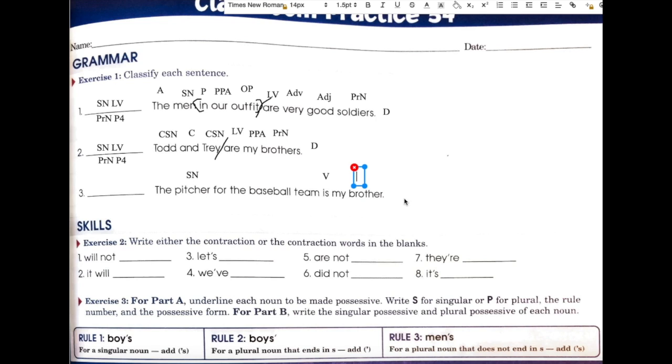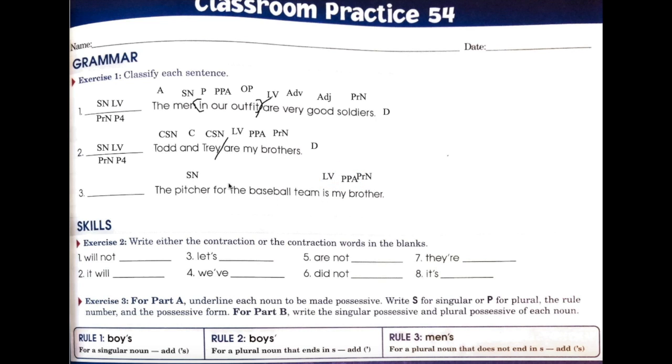Yes. So brother is predicate noun. That means is a linking verb. Whose brother? My brother. Possessive pronoun adjective. For is always a preposition. For what? Oh, I said that wrong. I'm sorry. For what? Team. Team is the object of the preposition.